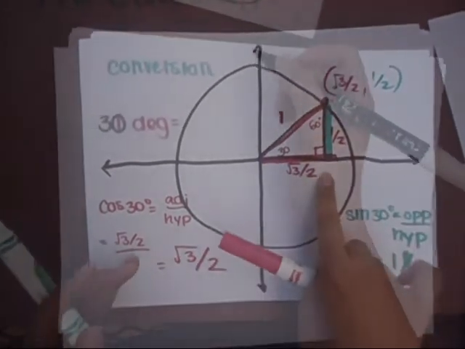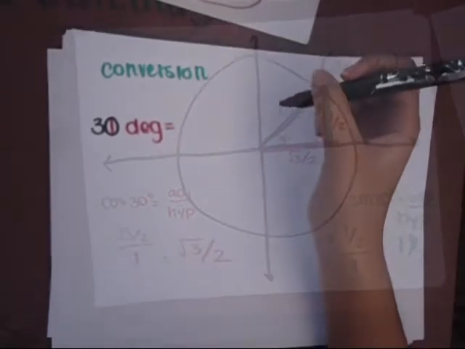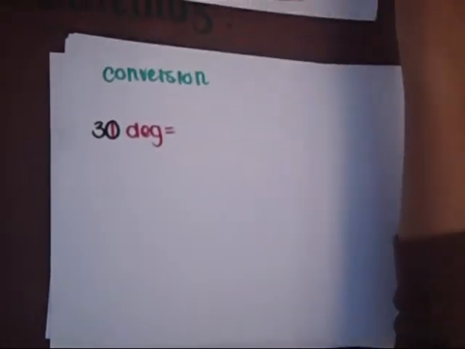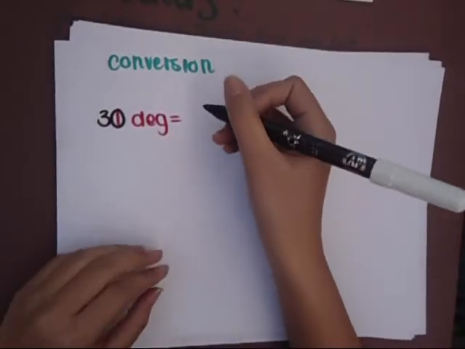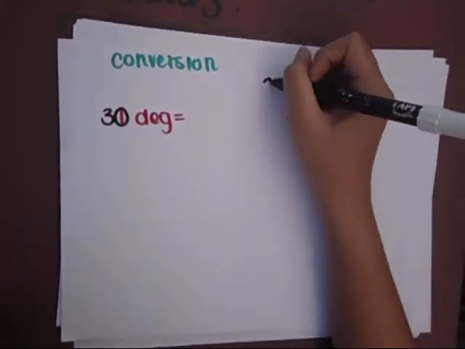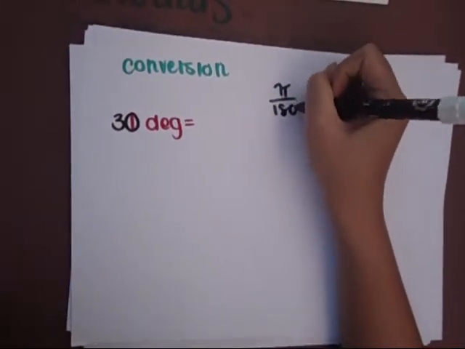Now we will convert from degrees to radians. The conversion factor is pi over 180.